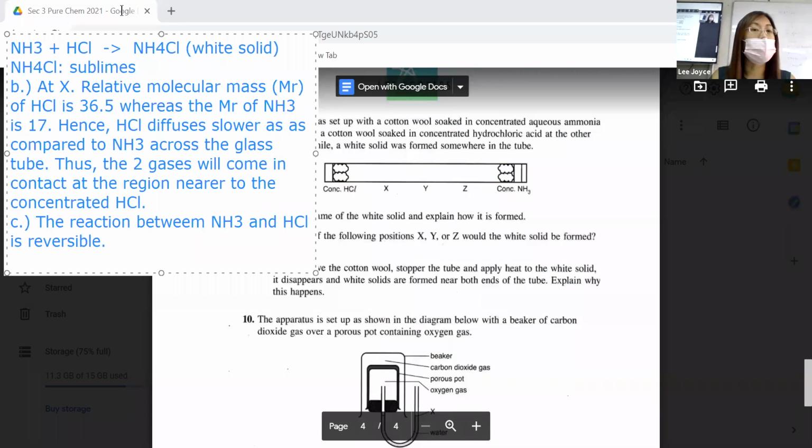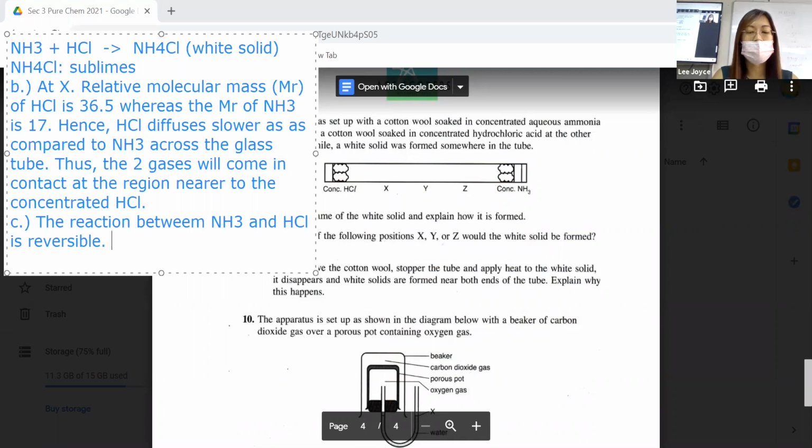So based on this reaction, you can see that this white solid, if you heat it up, it will turn back into the gaseous state. As I mentioned just now, it will also be broken down to form your ammonia gas and the hydrogen chloride gas.